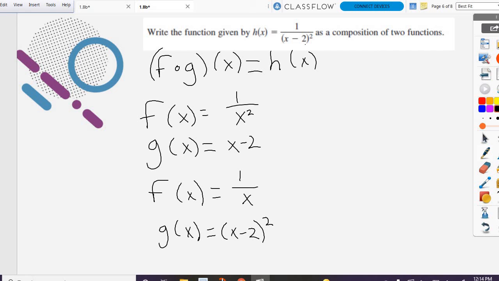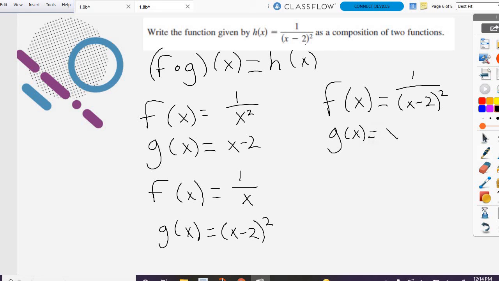Now, there are actually two more pretty easy ones. Does that work? If I plug x in for x, do I end up with what we wanted to get? Yeah? Would it work the other way too?